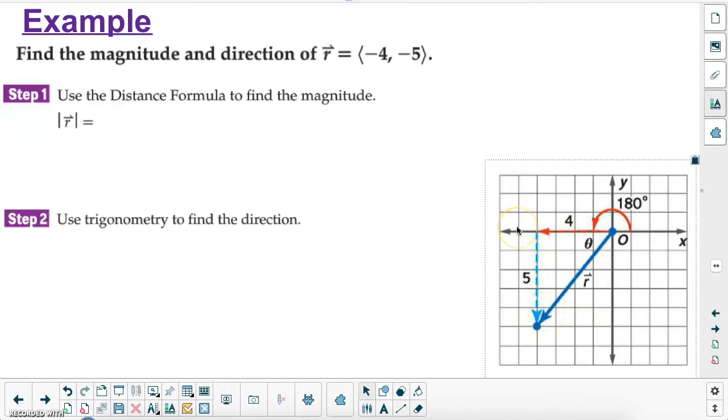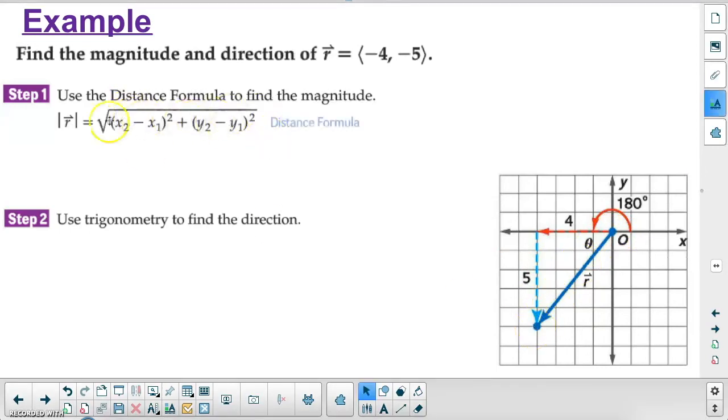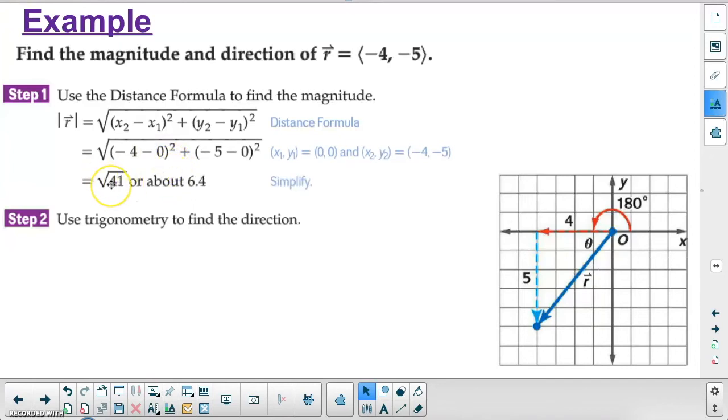So we used Pythagorean theorem, but we could also use distance formula between 0, 0 and -4, -5. So here's our distance formula between 0, 0 and -4, -5. And we get the square root of 41.